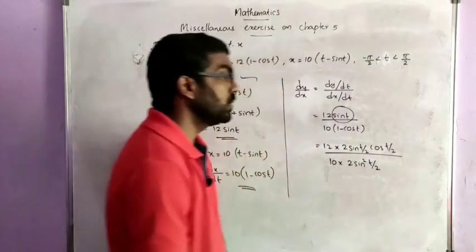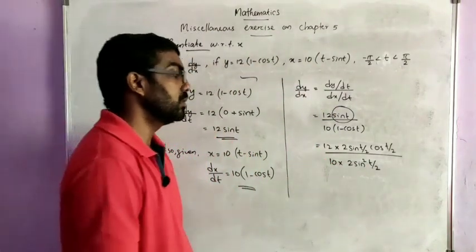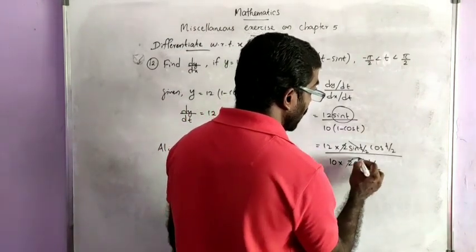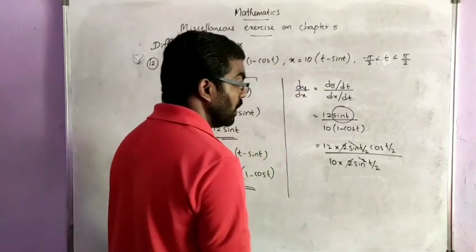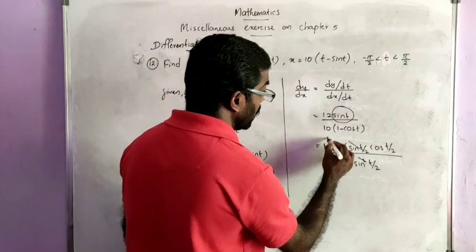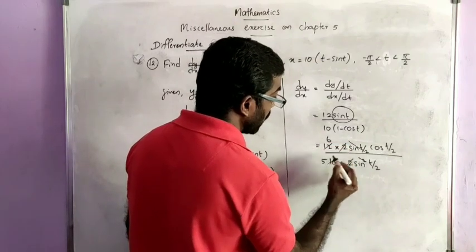Trigonometric formula, 2 sin square(t by 2). So this 2 and 2 we can cancel, and one sin(t by 2), here also one sin(t by 2) we can cancel. This 12 and 10 you can cancel by 2. 6 2s are 12 and 5 2s are 10.